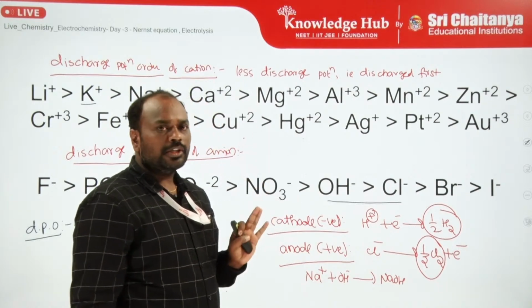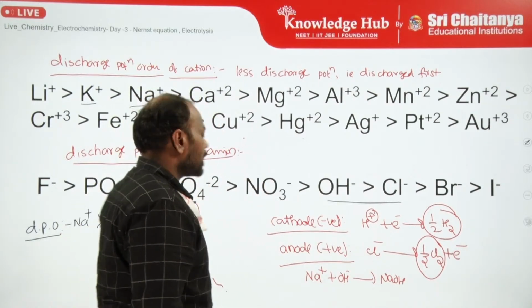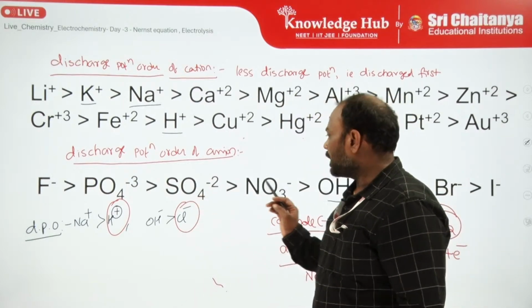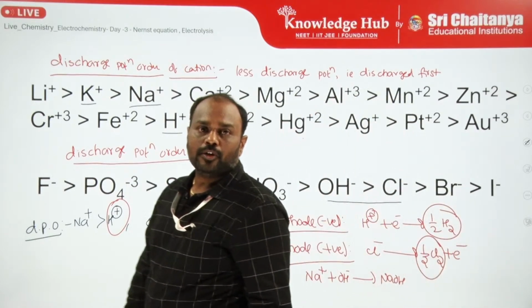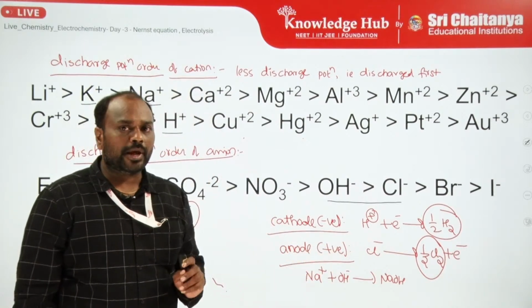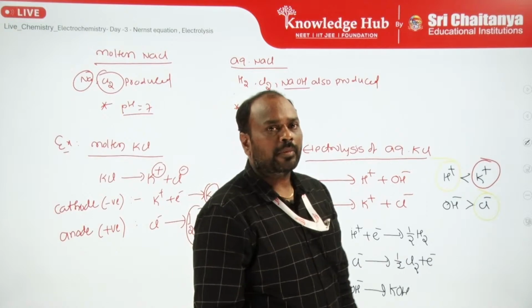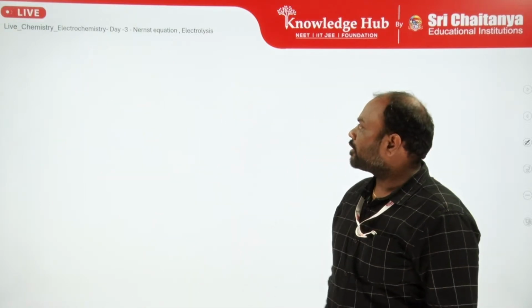This is the discharge potential order of cations. For the anions: fluoride, phosphate, sulfate, nitrate, hydroxide, chloride, bromide and iodide. This is the discharge potential order of the anions. Based on that we solved the problem.